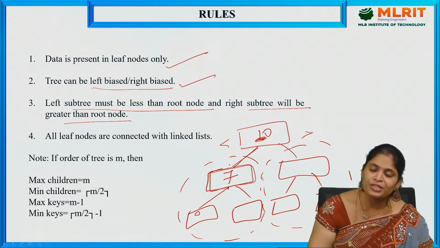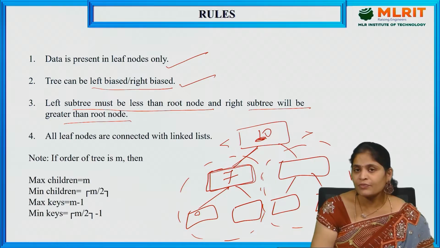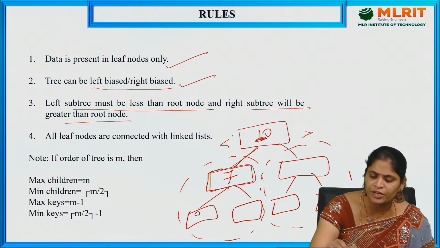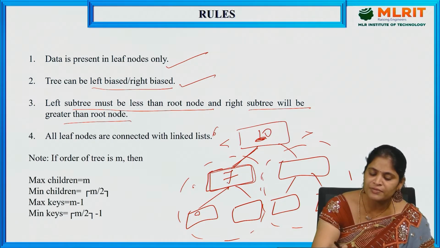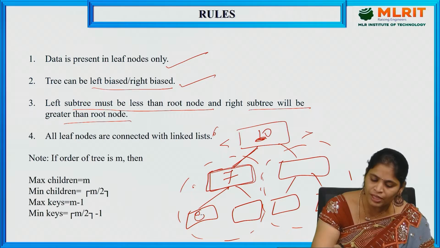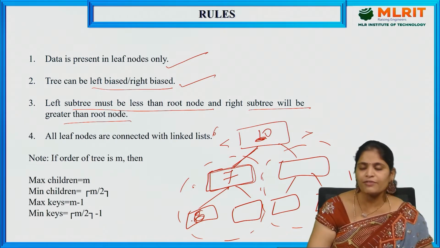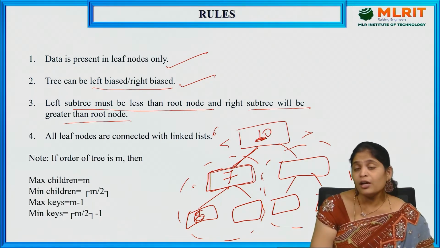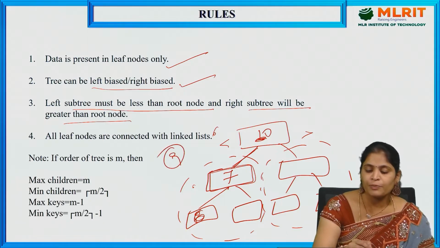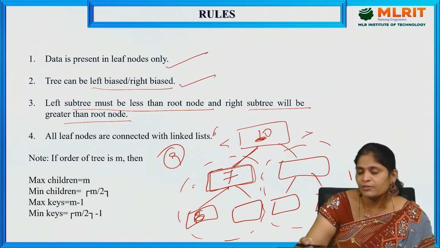Next, I have to insert 6. Where do I insert it? I check from the root node. Is 6 less than 10? Yes, so I come to this node. Is 6 less than 7? Yes, so I insert it to the left part of the tree. Here I have inserted 6. Now I should insert 9.